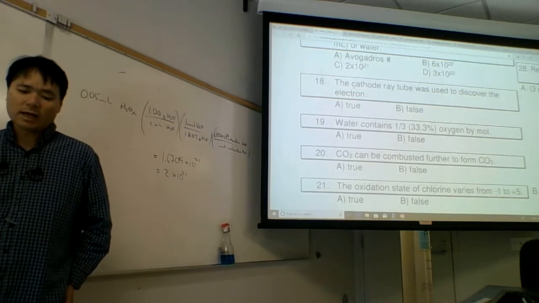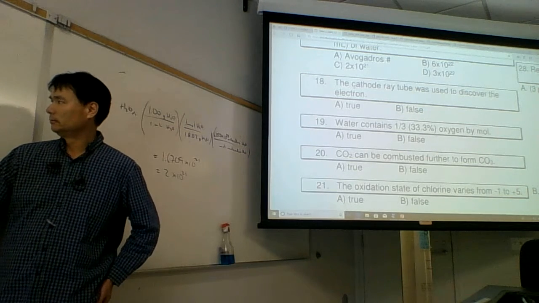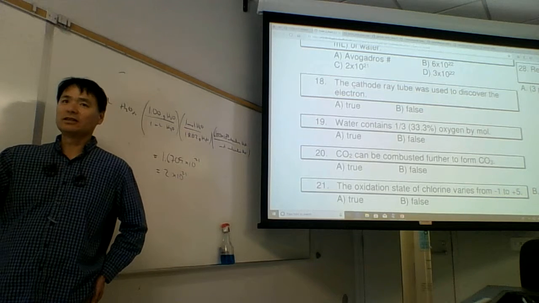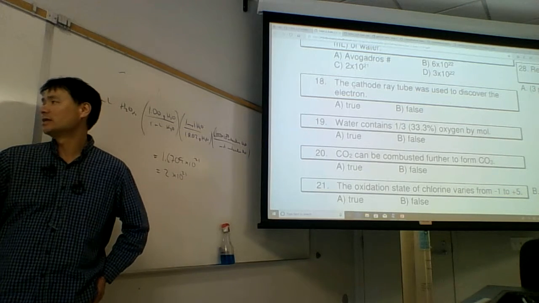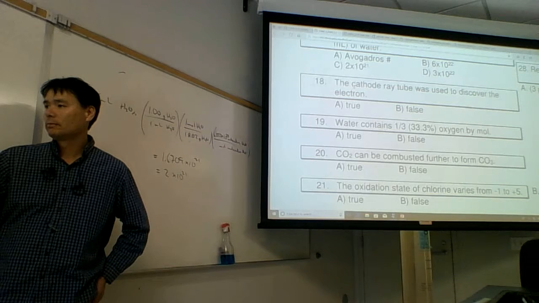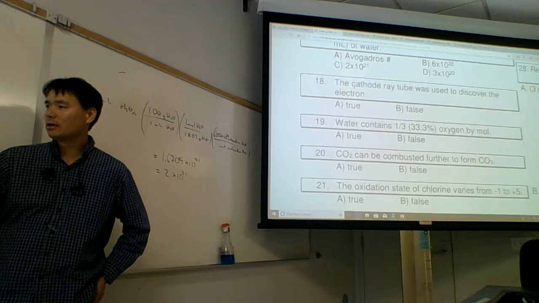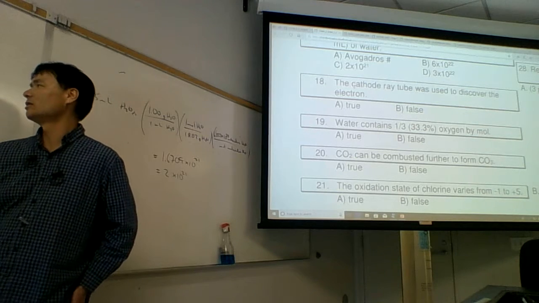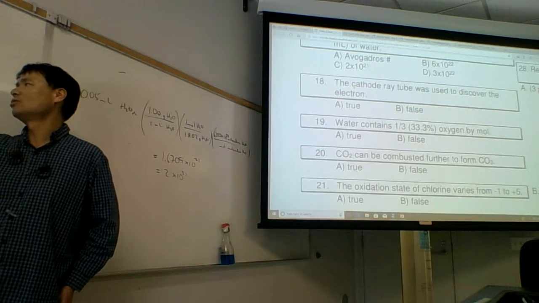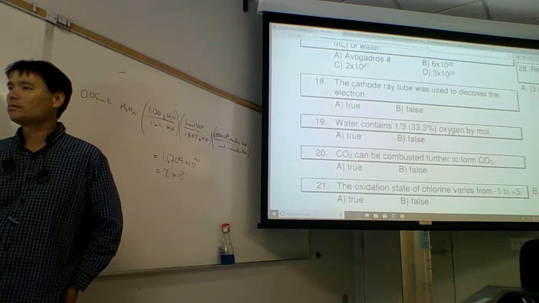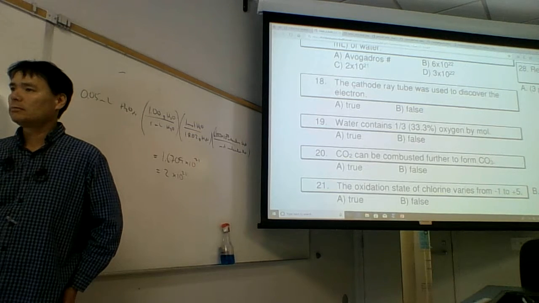And so we could say that water is 1/3 by dozen, or 33% by dozen. Well, mole is just another counting unit. So if I had a mole of water molecules, I had 2 moles of hydrogen and 1 mole of oxygen, just like a dozen.